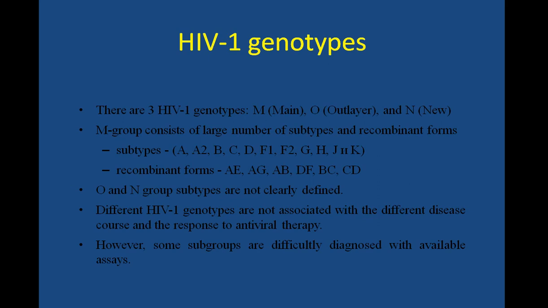Concerning genotypes, there are three HIV-1 genotypes: M main, O outliers, and N new. The M group consists of a large number of subtypes and recombinant forms. O and N group subtypes are not clearly defined.